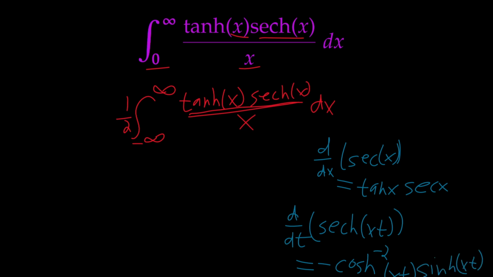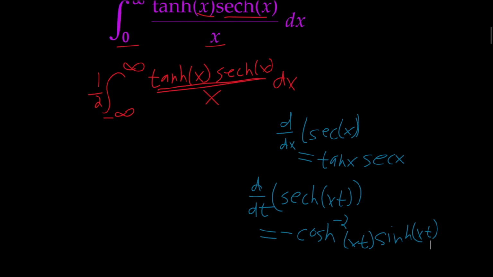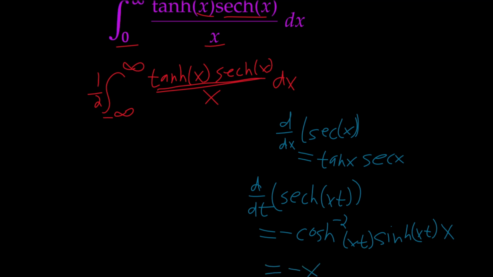And then we're going to multiply the whole thing by x by chain rule again, because we're differentiating with respect to t. And rearranging this, what we'll find is that this is actually just negative x, hyperbolic tangent of xt times hyperbolic secant of xt. I was about to write hyperbolic sine, goodness me. So what you'll see is that there's quite a big analog between those two things.